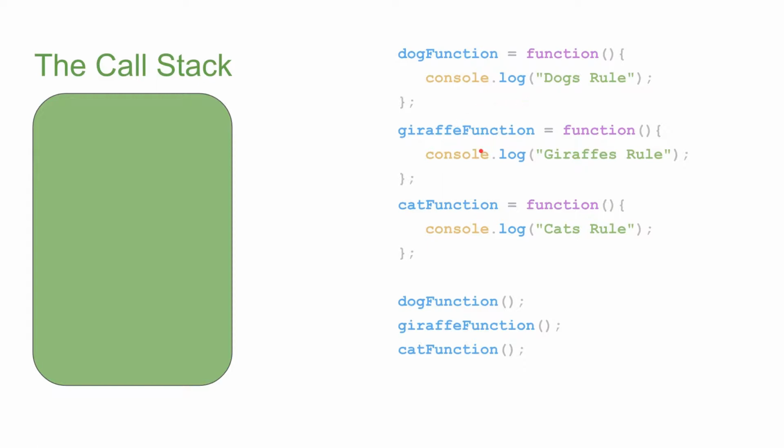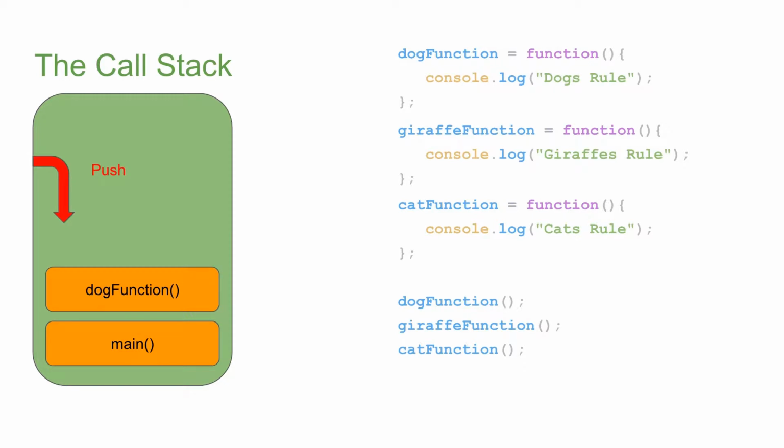And as we step through that, what would be happening here in the call stack? Well, when the program runs, main will start. The main thread is what is always going to run no matter what. The main thread finds the dog function, which gets pushed onto the call stack. Then we execute dog's rule up here.